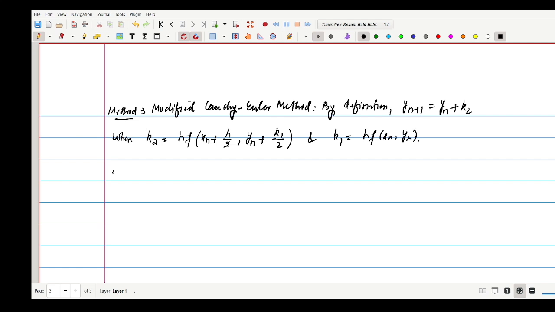So therefore the first iteration y1 is equal to y0 plus k2. Let's call this equation number 1.